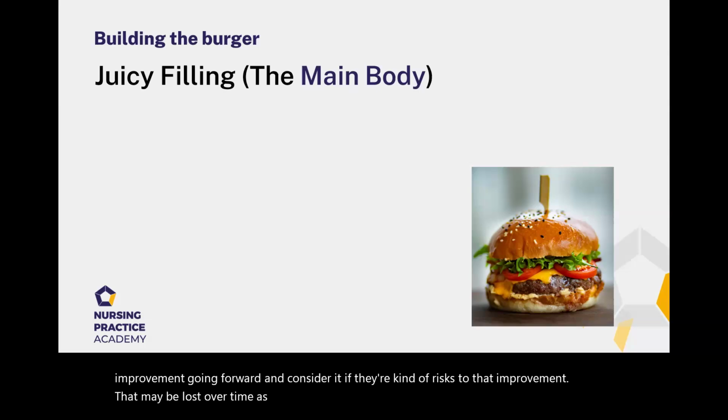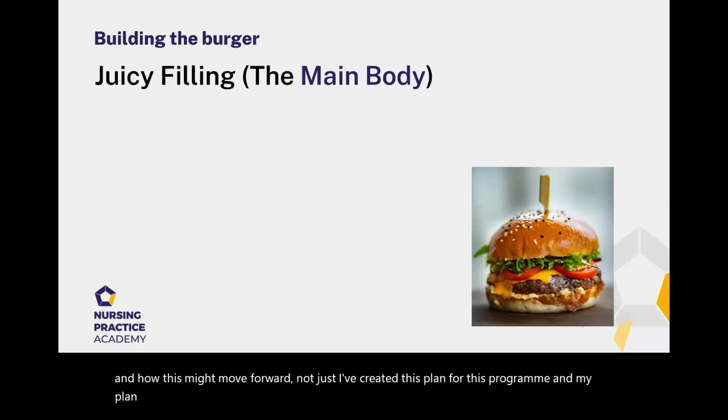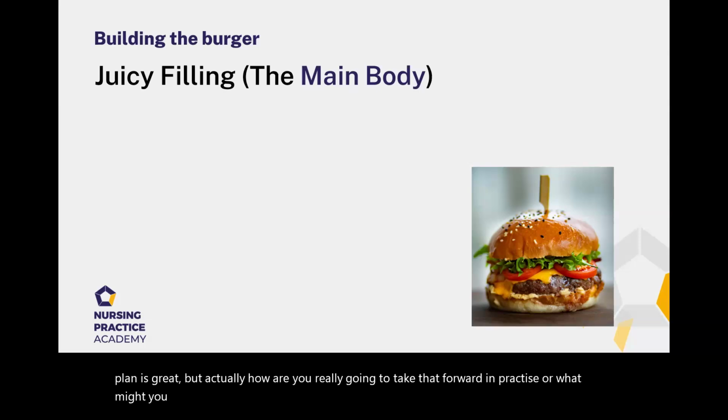So start to really think about the potential challenges and how this might move forward, not just "I've created this plan for this program and my plan is great," but actually how are you really going to take that forward in practice? Or what might you come up against in practice to put that into reality?